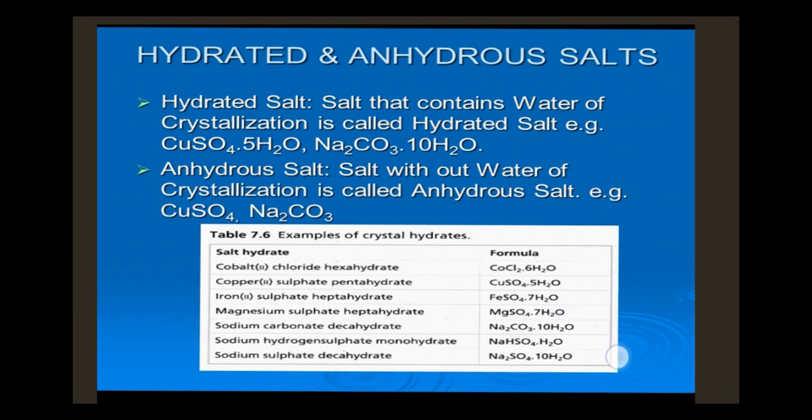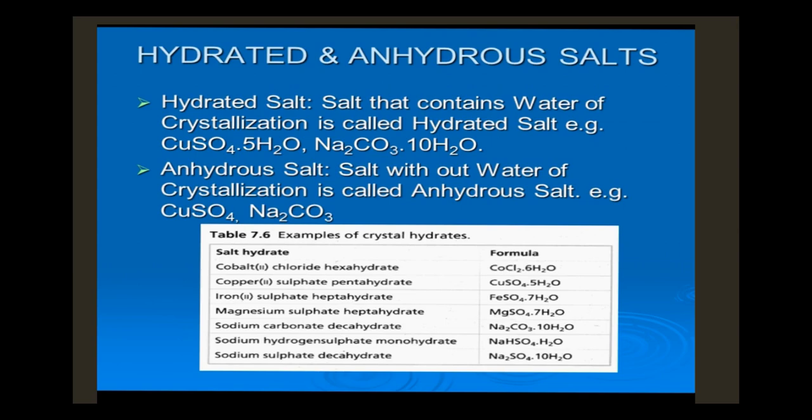Now you can see that in all the formulas a specific number of water molecules is attached, like 6H2O, 5H2O, 7H2O, 7H2O, 10H2O, etc. So all these are hydrated substances and they have specific numbers of water molecules attached with them, like cobalt chloride hexahydrate, copper sulfate pentahydrate, iron sulfate heptahydrate. So here you can see their prefix is according to their number of water molecules attached.